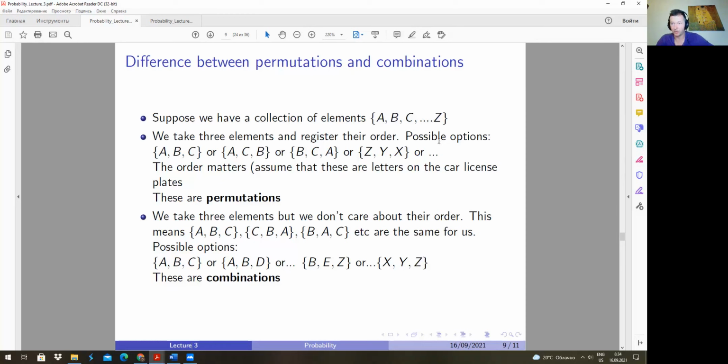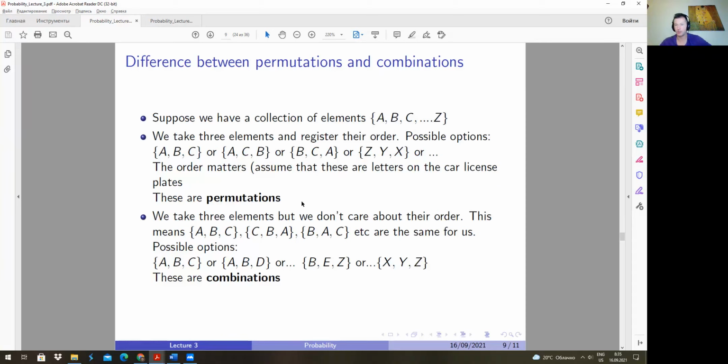So possible options are ABC, ACB, BCA, ZYX, and so on. So the order matters. How these letters appear in my selection matters, like in the example of car license plates. And these are permutations.